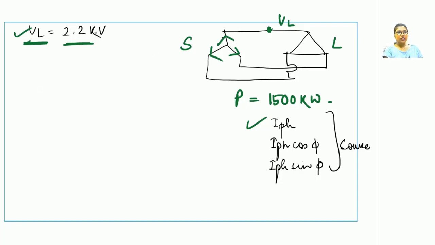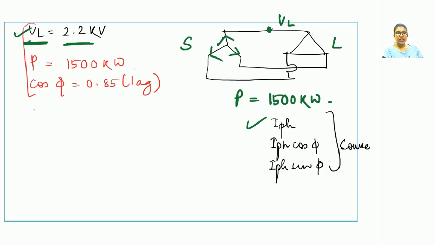So the second condition known to us from the source end is the power delivered is 1500 kilowatt along with a power factor of 0.85 lag. So for this question, whatever conditions were used for the load side, the same conditions are to be used for the source side as well. Based on these conditions, we have to figure out at least the line or the phase value of the current.